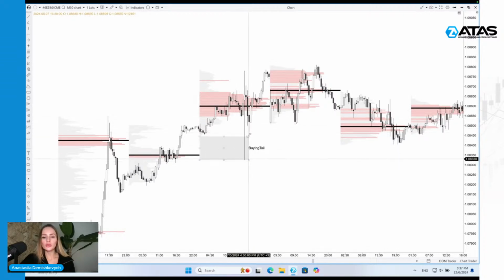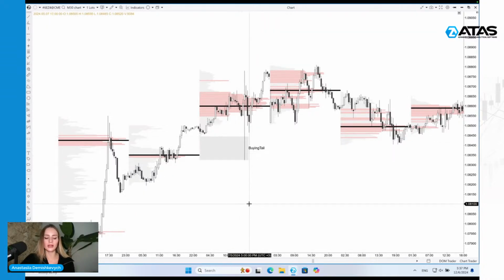So by using buying tails and selling tails and examining the footprint when this happens, we can also find very profitable setups. Now, the conditions for this setup are first, as you already know, the low volume node, then the buying tail or the selling tail, which is also called the excess. It's the same, excess. They confirm the reversal. And then we go into the footprint to evaluate the delta at the local highs or lows.